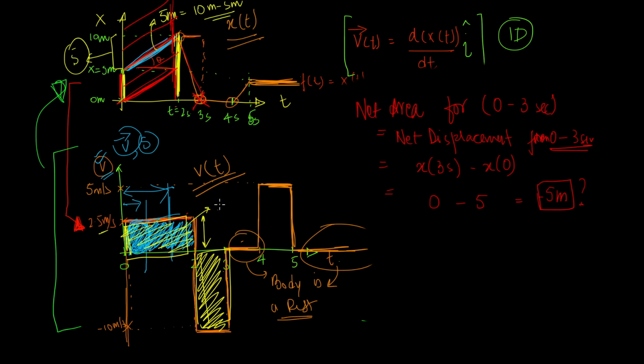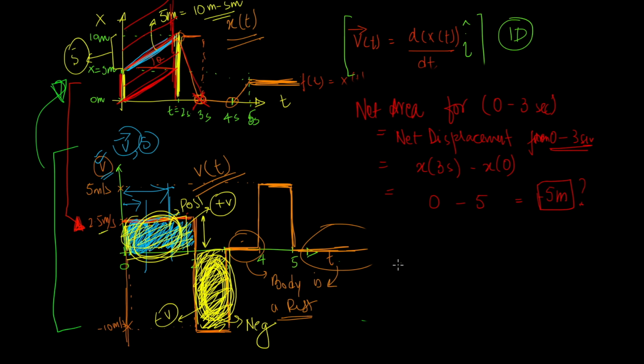This block happens to be in positive v, or on the top quadrant. But this block here happens to be in negative v. So that means that the area that we consider here must be negative, but the area that we consider here must be positive. So we must add to this area the negative of this area. That is to say, we must subtract this negative area from this area.